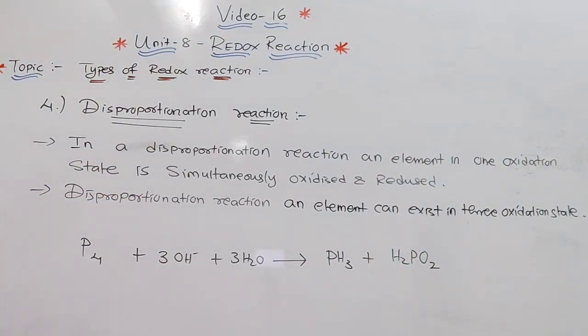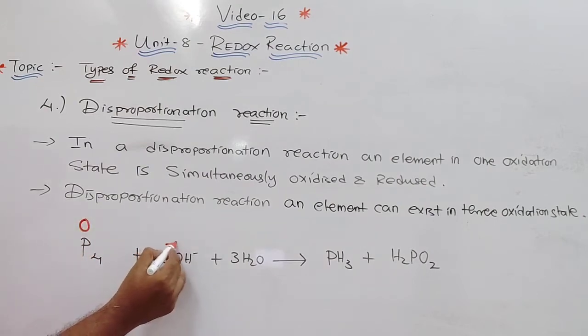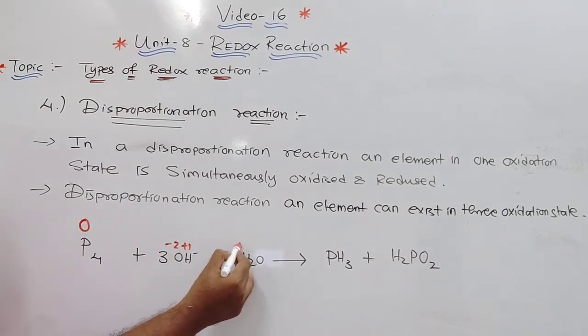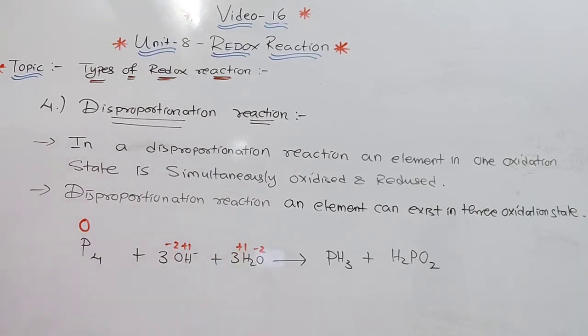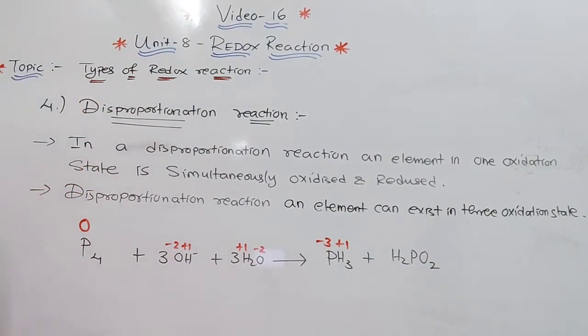Now if I write the oxidation numbers on the top. For phosphorus in P4 it will be 0. Hydrogen is +1 and oxygen is -2, so there is no change. But in PH3 the phosphorus is -3 and hydrogen is +1. Understood?